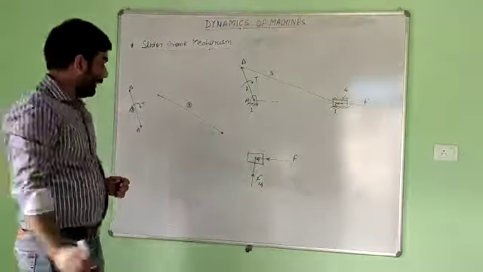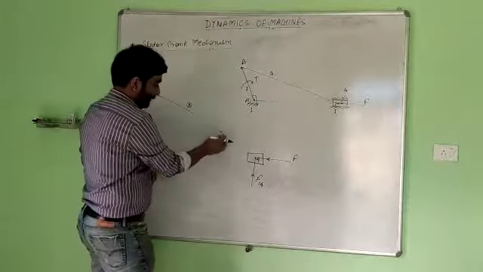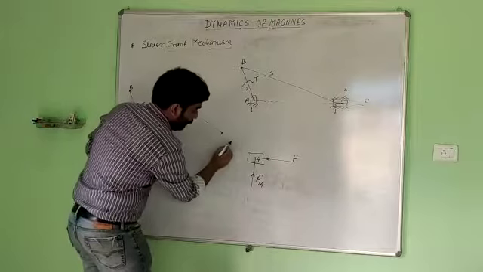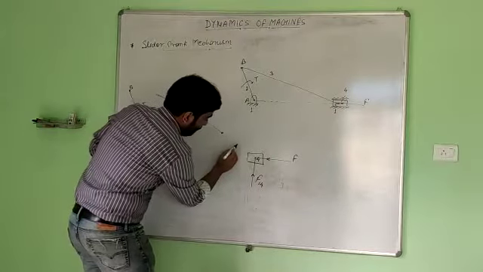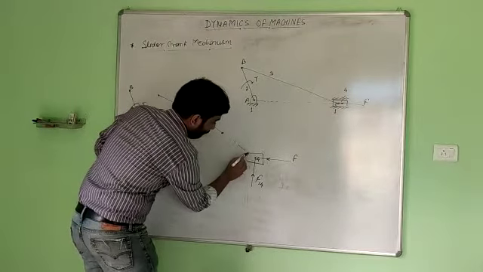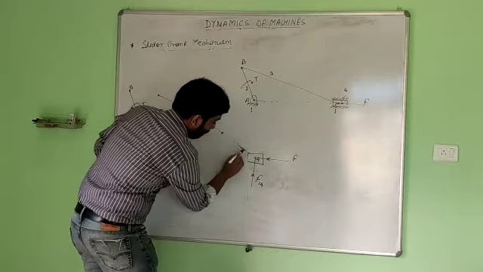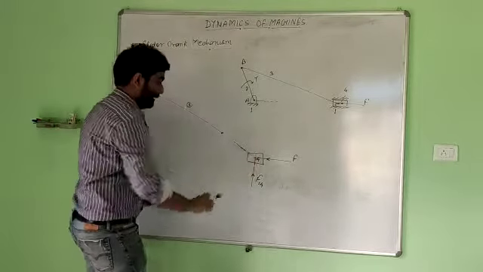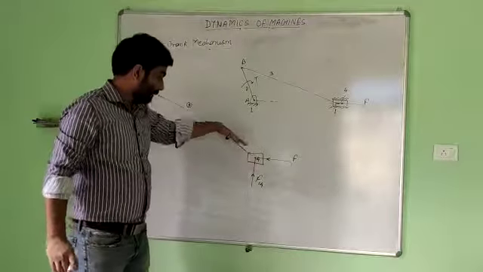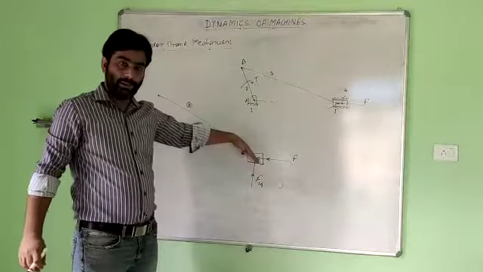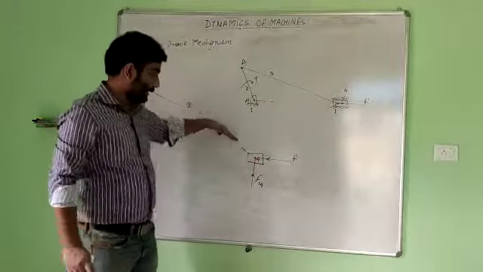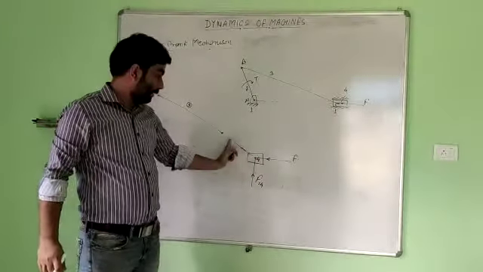F14. And the force from link 3 will act along this line, so we have the direction of the third force acting on link 4, but we don't know the magnitude. The force will act along this line and meet all the forces.